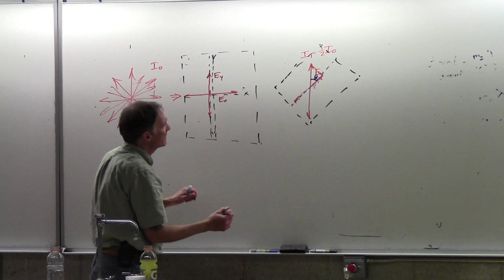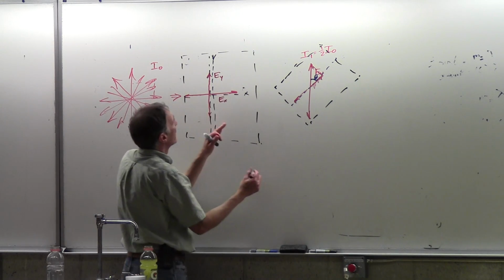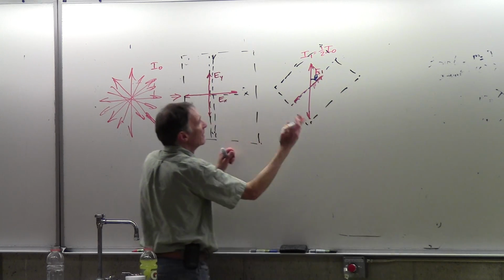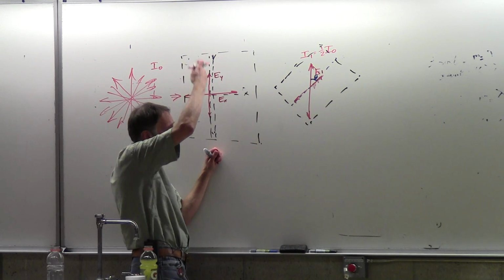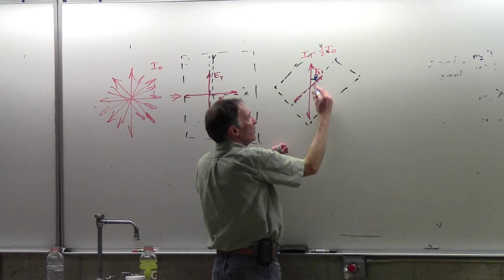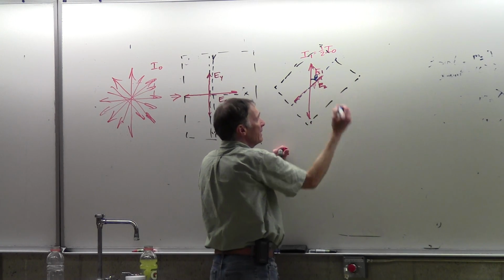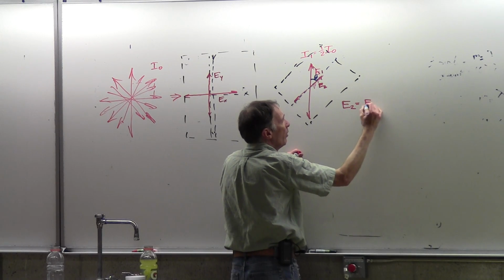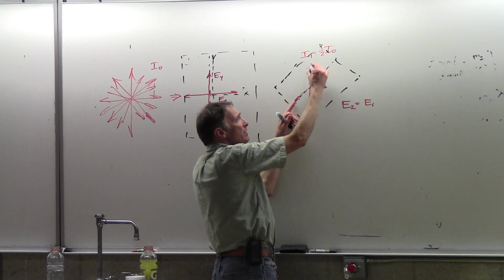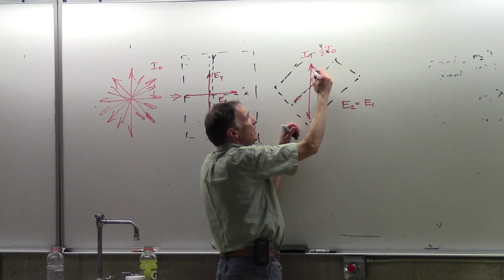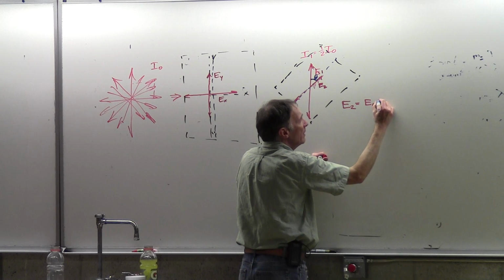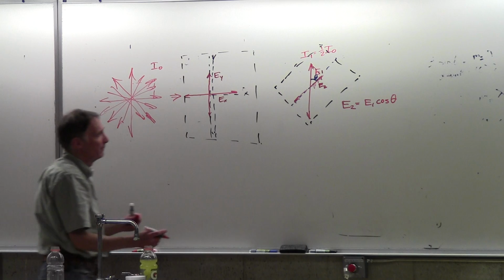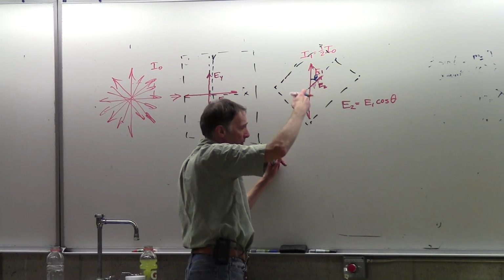And let's say this first one coming out of here is E in the y, or let me just call that E1. That's the electric field from this first filter. And there's going to be an electric field coming out of the second filter, and that electric field is going to be equal to E1, and it's going to be just the component here. So we're going to use the cosine of that angle theta, and that's going to be the relationship for the electric field coming through that filter.